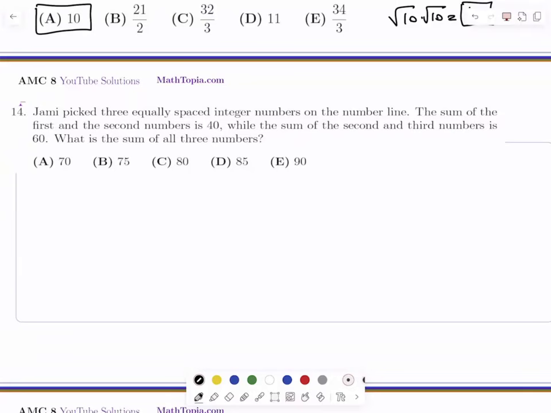This first part is hard to understand, right? How can we visualize this part? We have a number line and it has three equal spaces. How many numbers? Three numbers, and then two equal spaces.